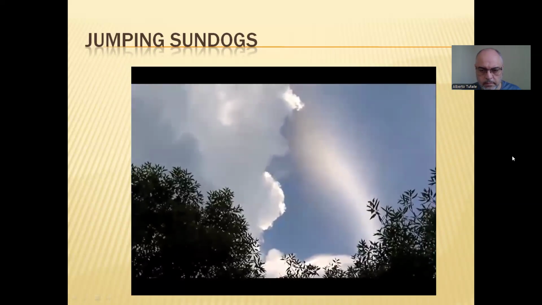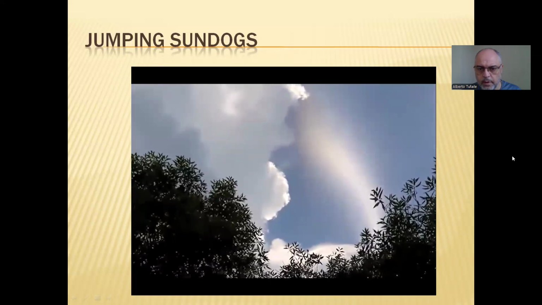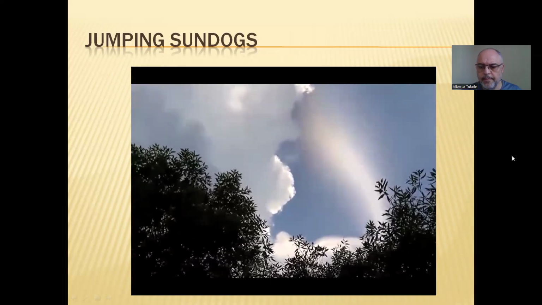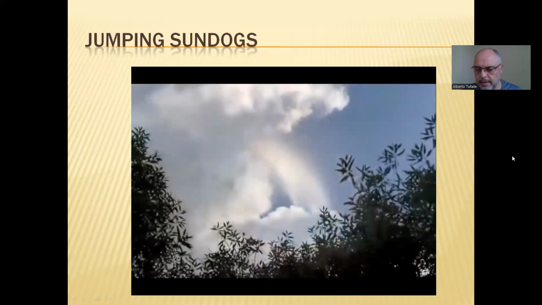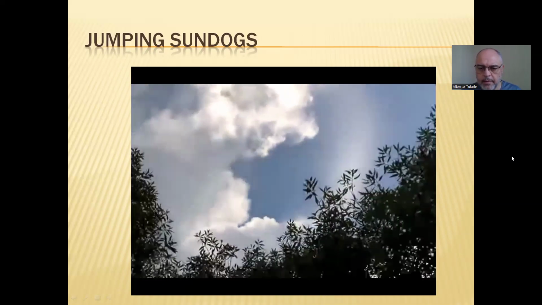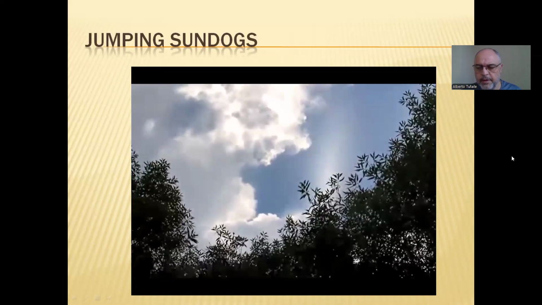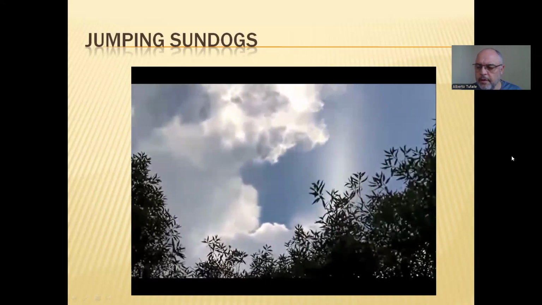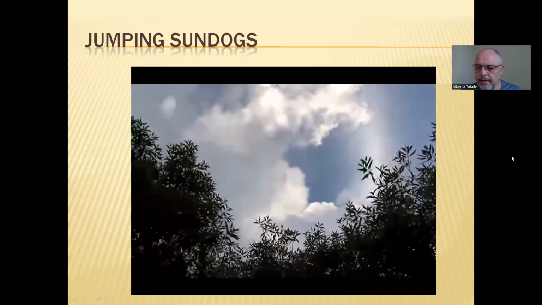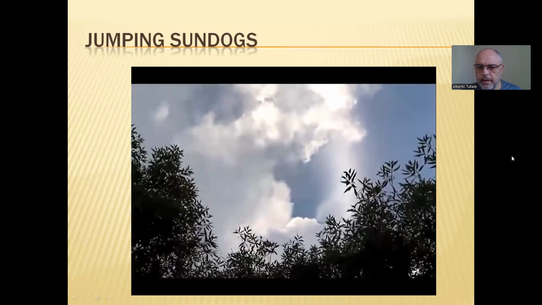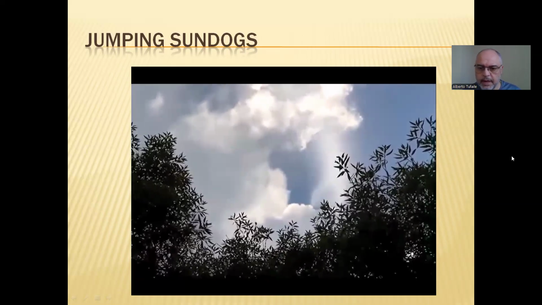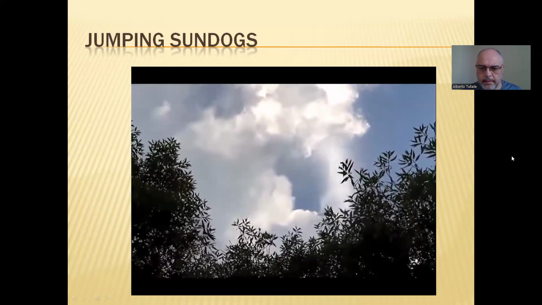So this recording is the exact time that things happened, and you see here this abrupt change. The dimensions of this phenomenon are very huge, if you imagine the size of the cloud.